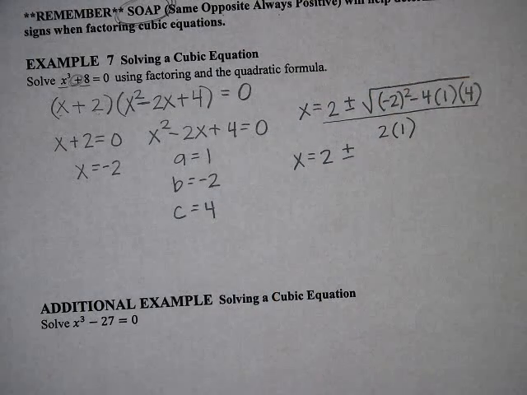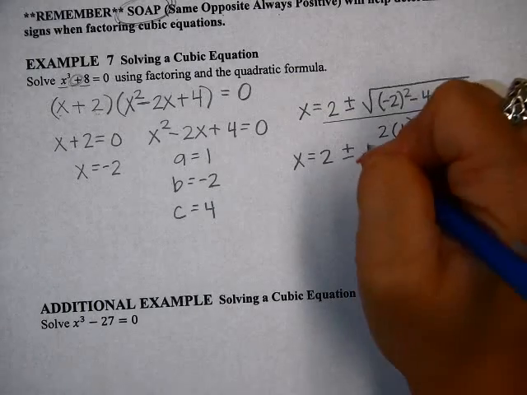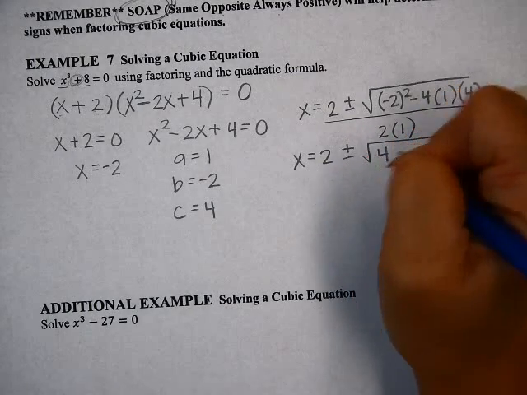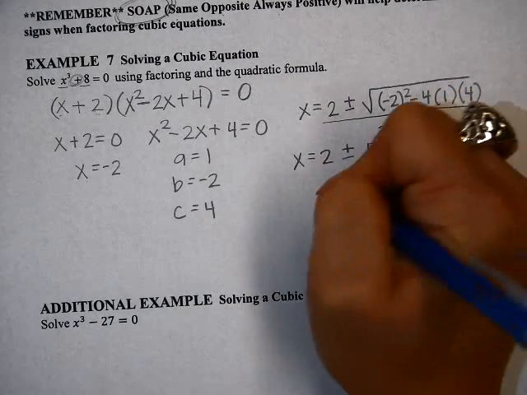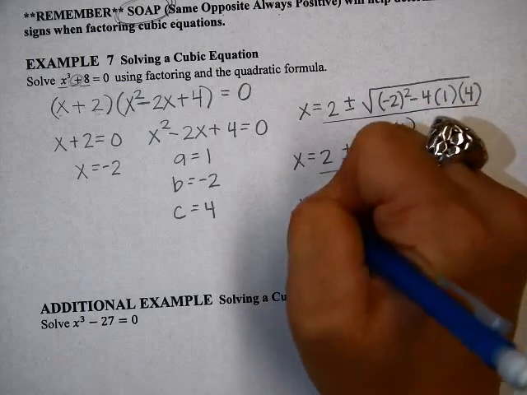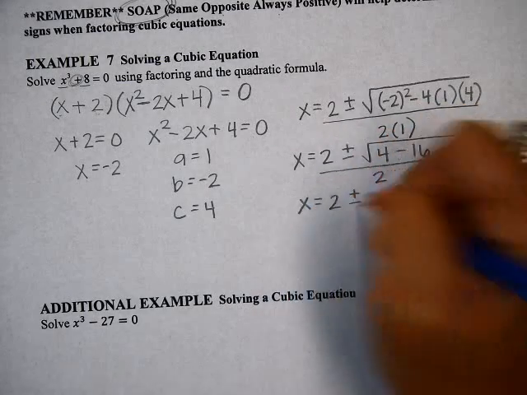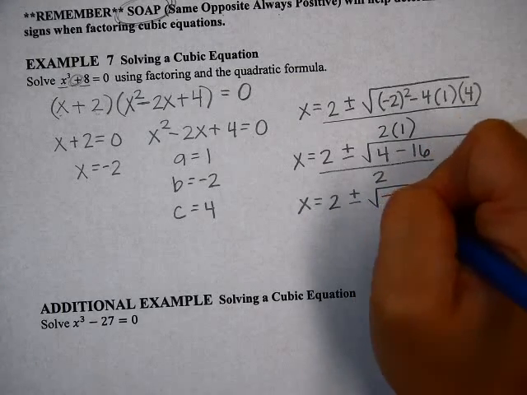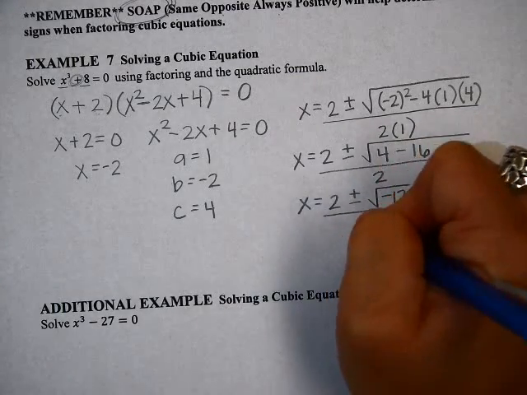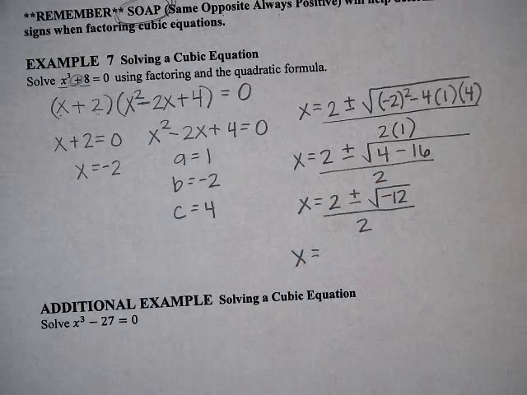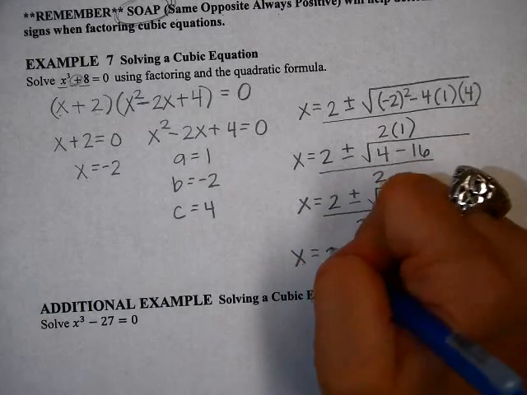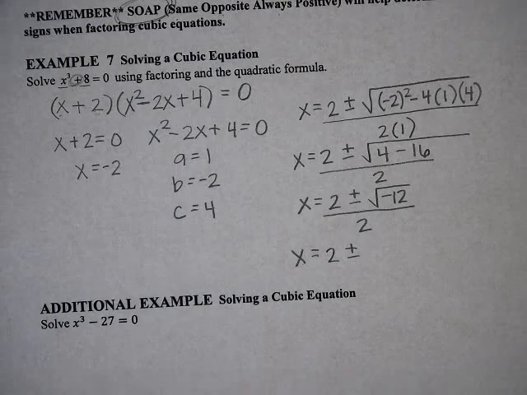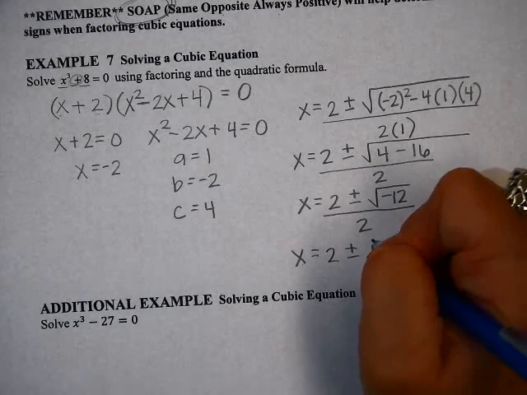Simplify this. We have 2 plus or minus the square root of 4 minus 16, all divided by 2. And 4 minus 16 is the square root of negative 12, divided by 2. Your negative 1 will come outside of your radical as i.